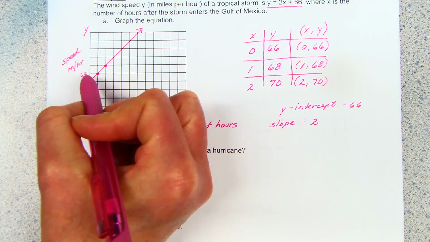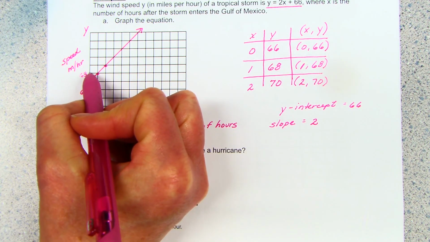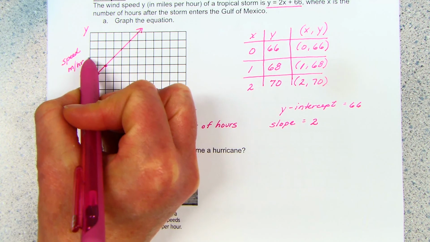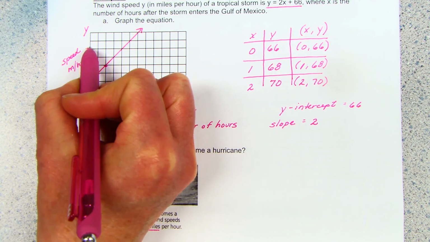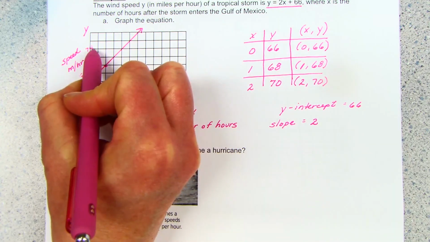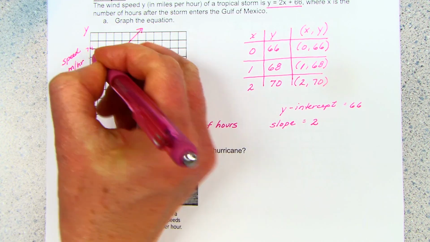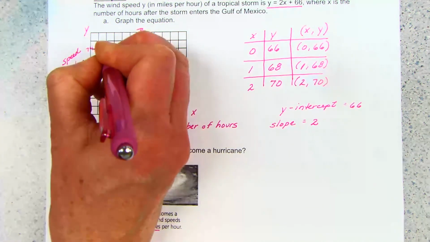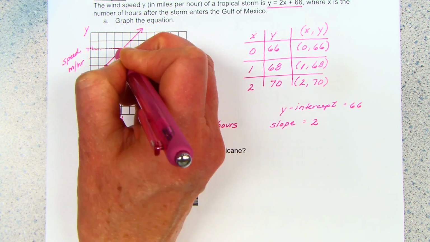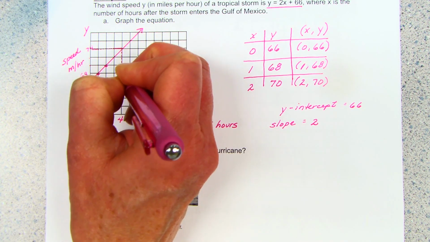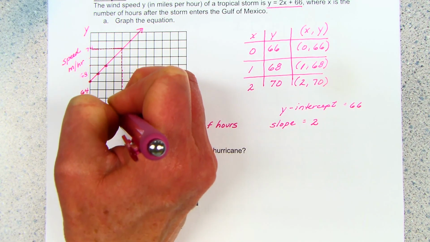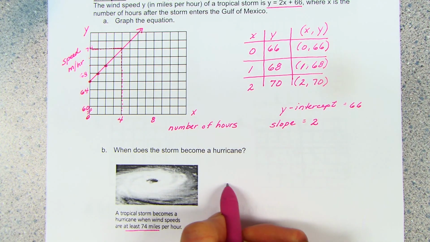So I need to find 74 on my graph. Here's 68, 70, 72, 74. And I need to draw a little line out there. Okay, there's 72. And I come down to 4 hours, right?